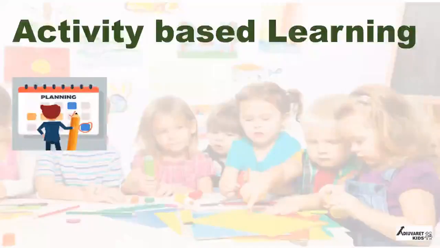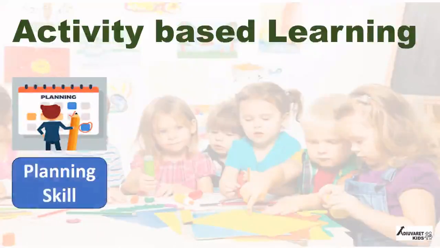Under this activity-based learning, we have four components to remember. We are not talking about the details of the four components, which has already been established at a different kit into a system. So you can talk to us, you can just call us if you want to adopt this activity-based learning at your school.